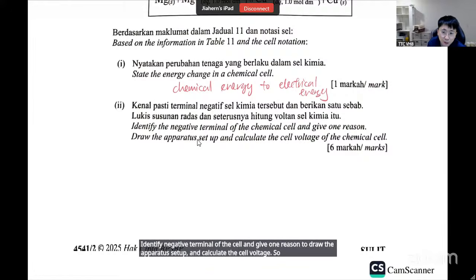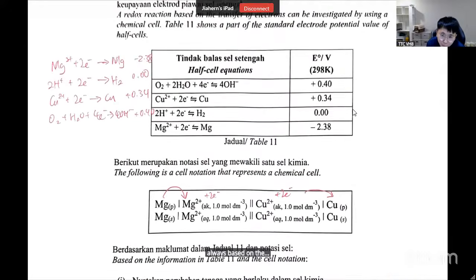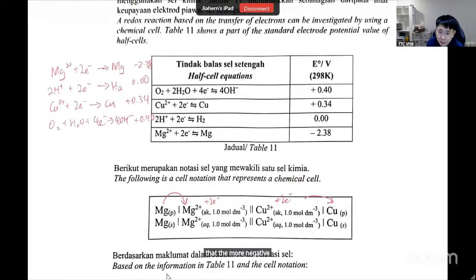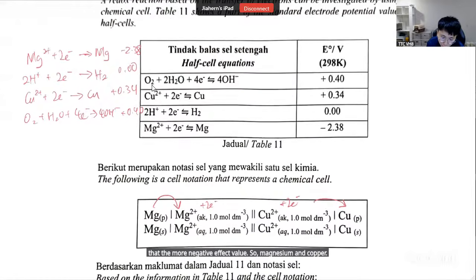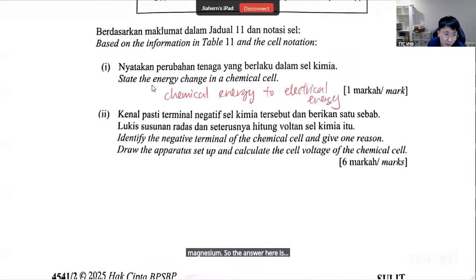So what we can say is, who is the negative terminal? Always based on the more negative inert value. So magnesium and copper. One is negative 2.38. One is positive 0.34. So who is more negative? Magnesium. So the answer here is magnesium, 1 mark.